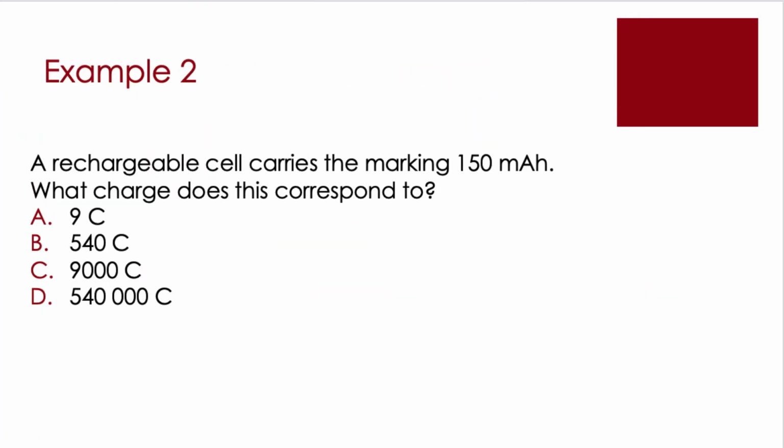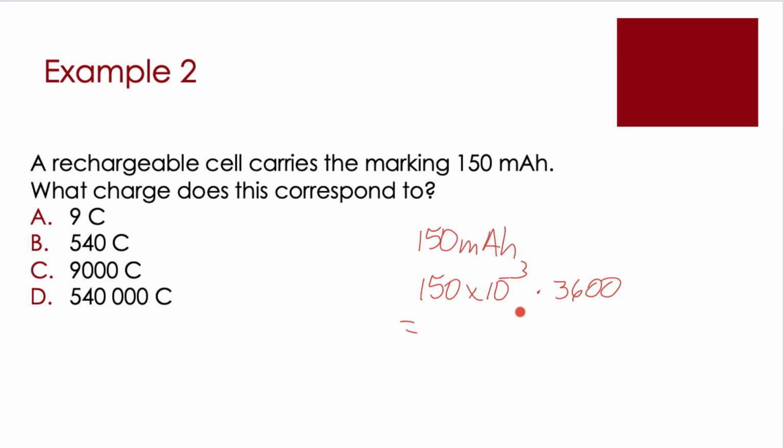Example 2. A rechargeable cell carries the markings 150 mAh. So what charge does this correspond to? Well, let's look at this value. First of all, this says milliamp, so let's get rid of the milli. And this is for an hour, but in order for charge, we need to have that in seconds, so 3,600. Now, I should be able to do this without a calculator because it's under my multiple choice questions.